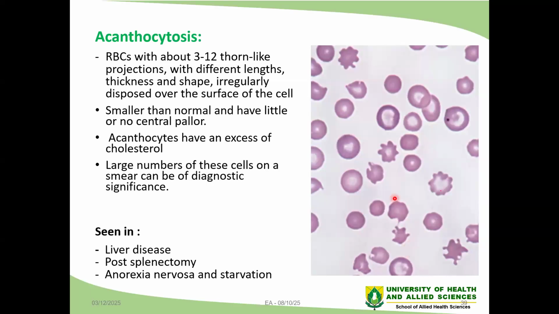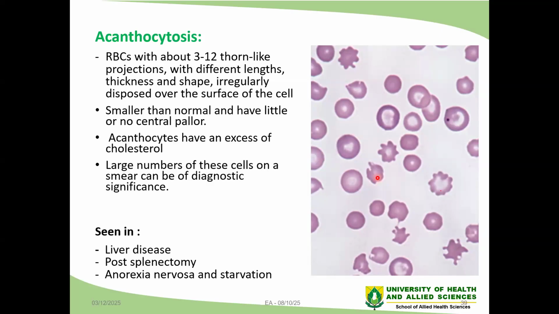So the problem with acanthocytes is that the red cell membrane has an excess of cholesterol. If you look at the phospholipid bilayer, you realize that the polar heads of the phospholipids are towards the exterior and the interior part of the cell membrane.